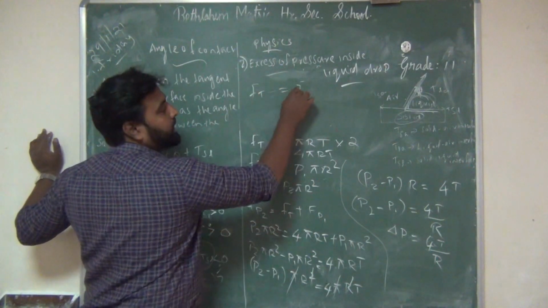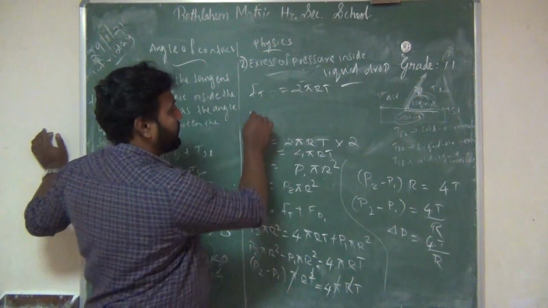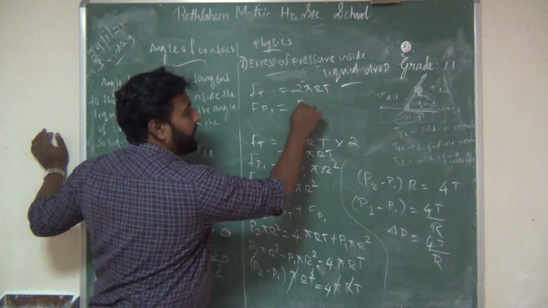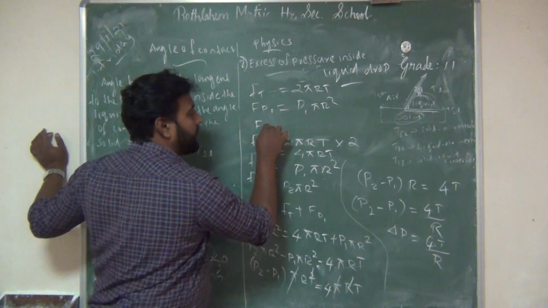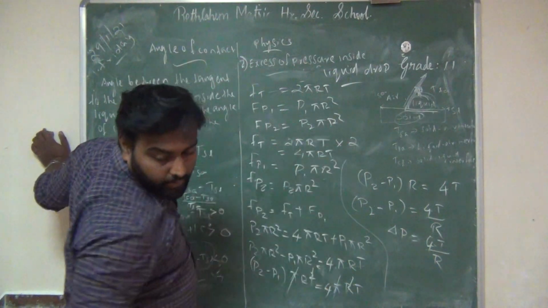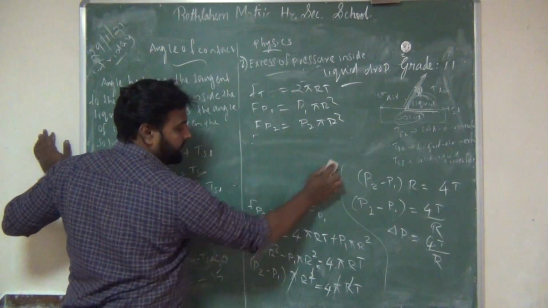Around that rim is acting 2 pi RT, and outside pressure Fp1 is equal to P1 pi R square. Inside pressure Fp2 is equal to P2 pi R square. Now we need to find out the excess pressure inside.